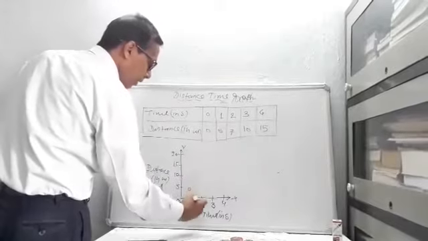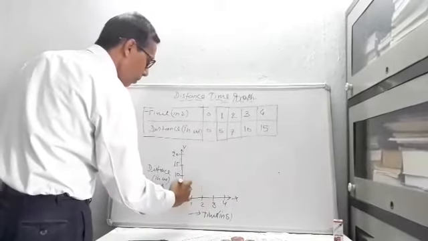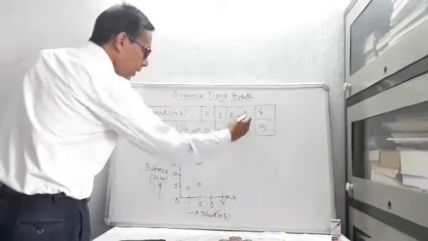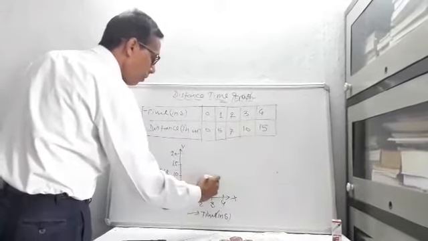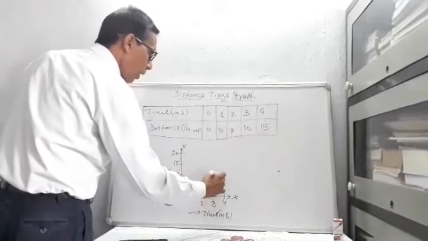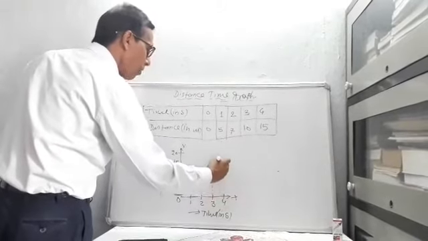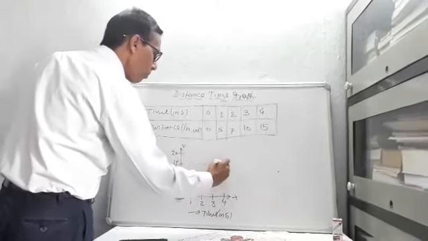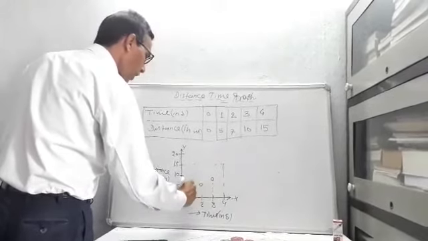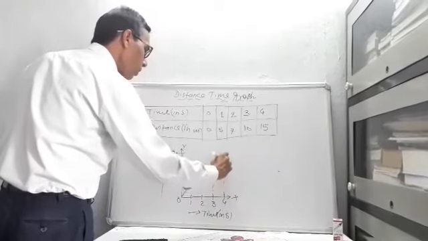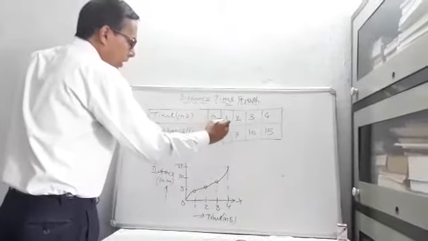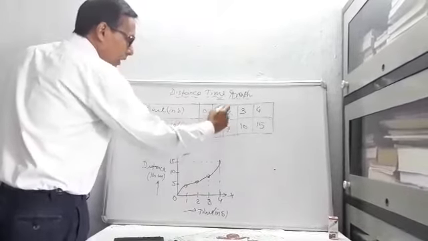In 2 seconds 7, in 3 seconds 10, and in 4 seconds 15. So here the body does not travel equal distances in equal intervals of time.